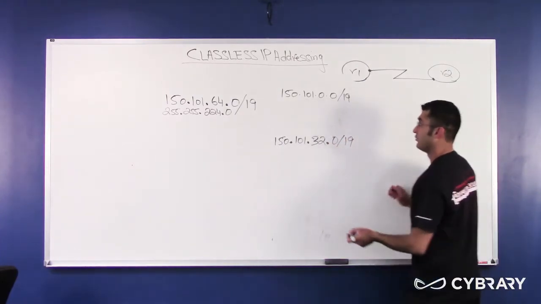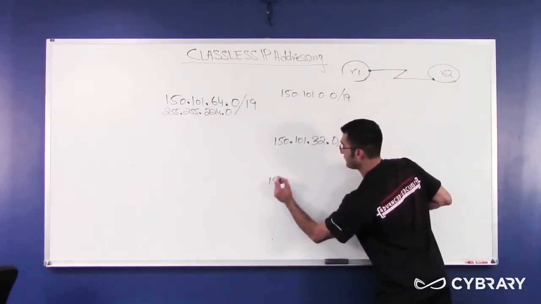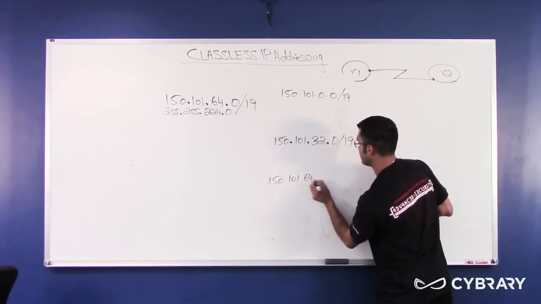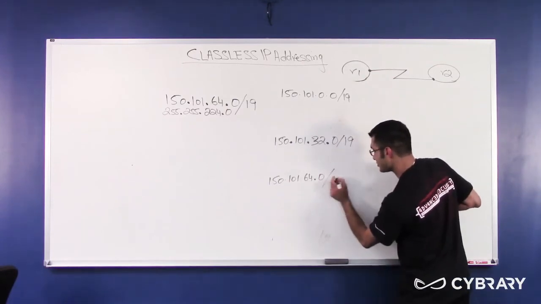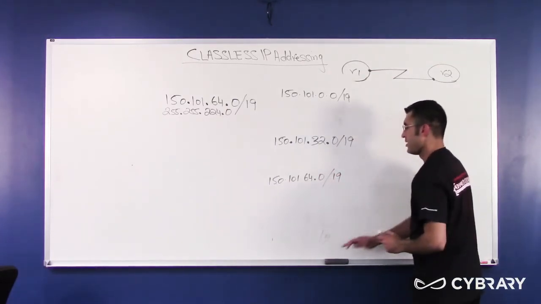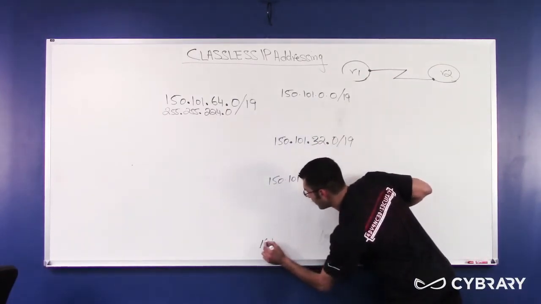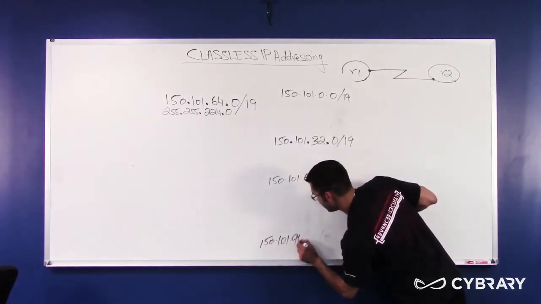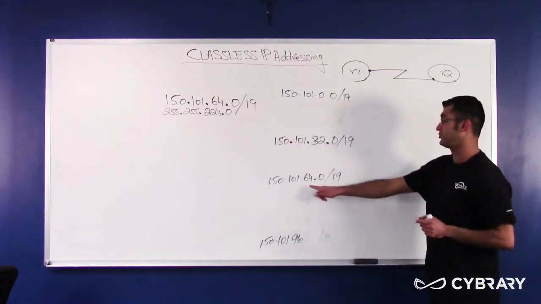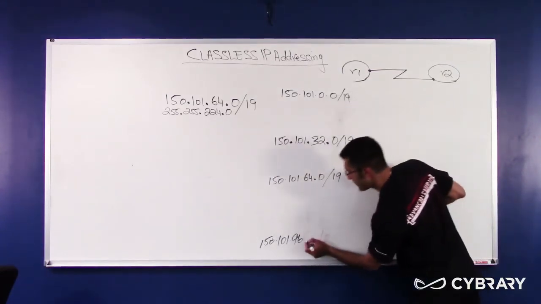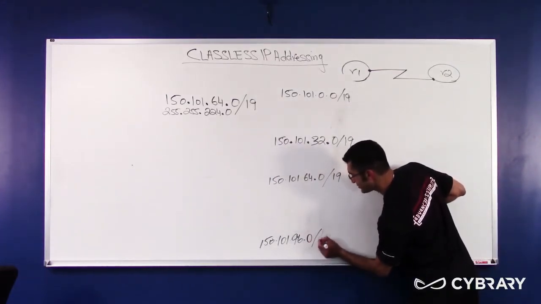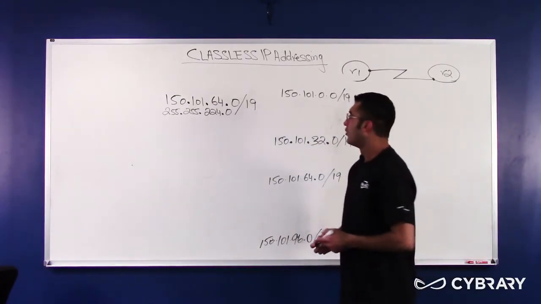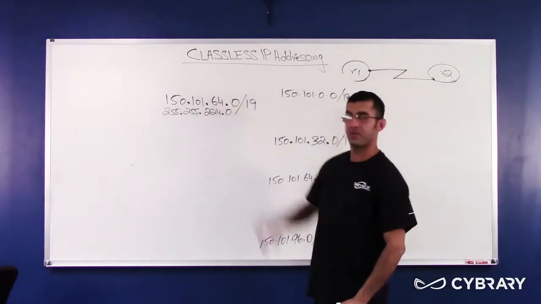My next network would be 150.101.64.0/19. My next network would be 150.101.96. I just simply add 32 to 64 to yield 96.0/19.